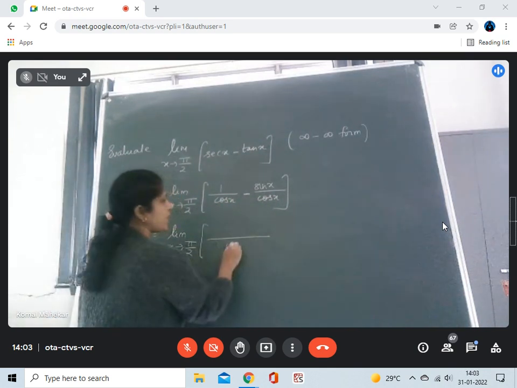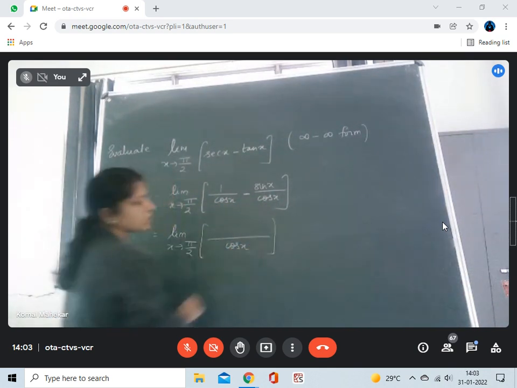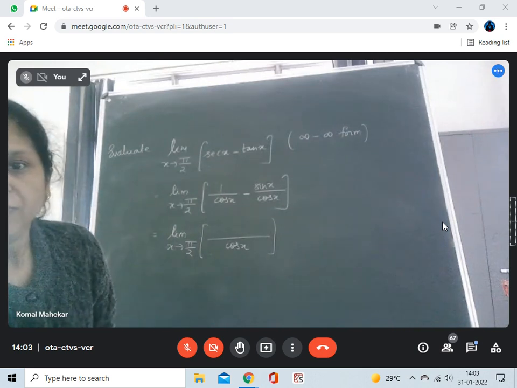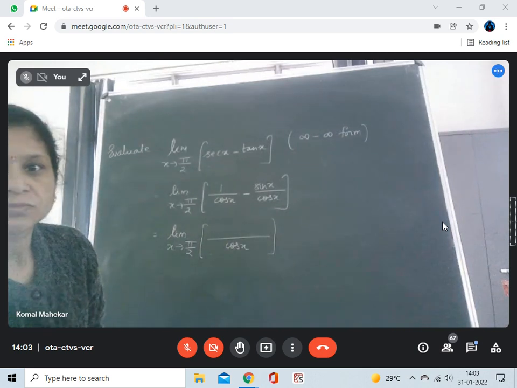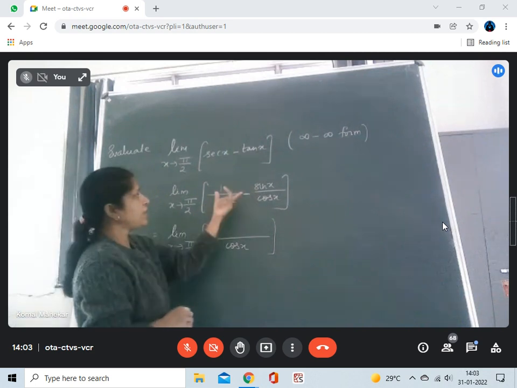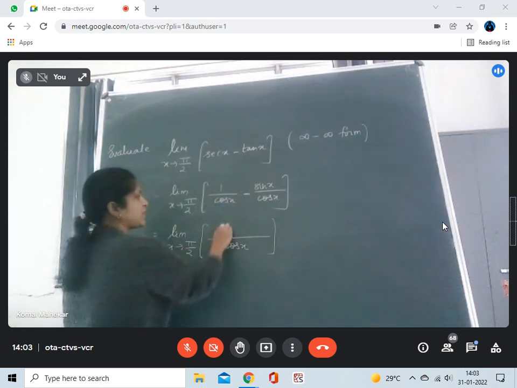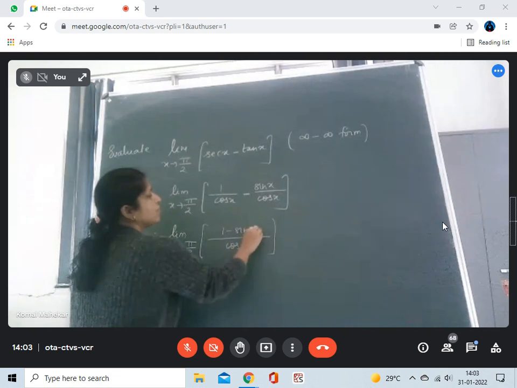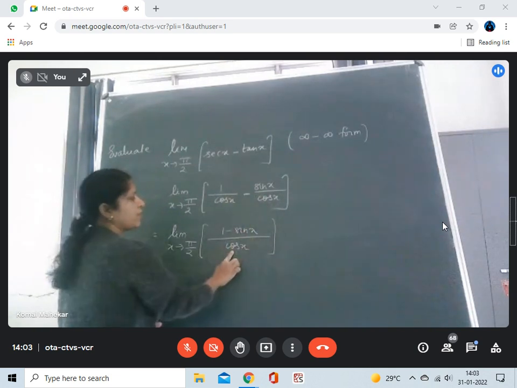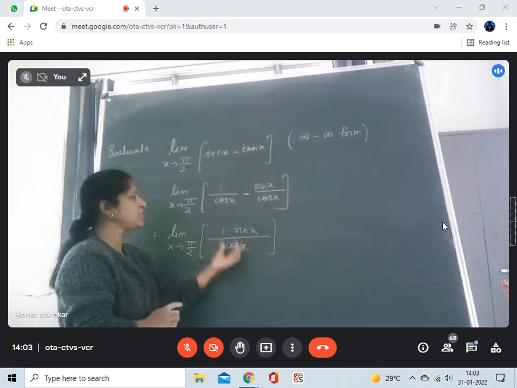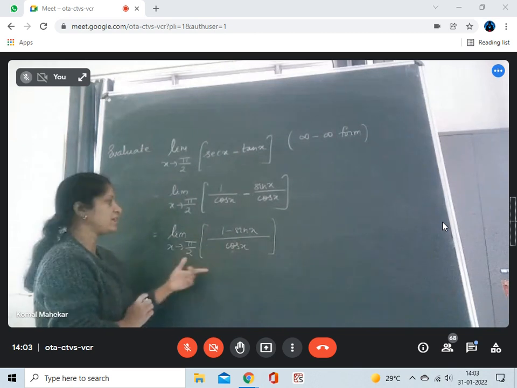So we write one denominator, cos of x, and the numerator will be 1 minus sin x. So we write this as 1 minus sin x whole term divided by cos x, as both terms have the same denominator.